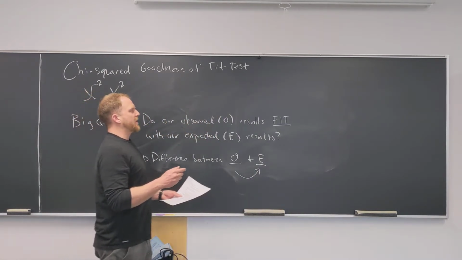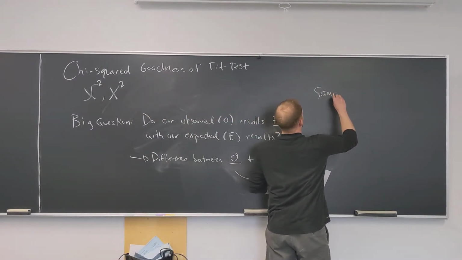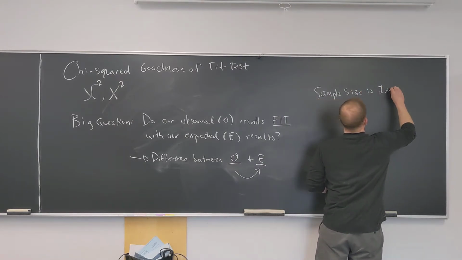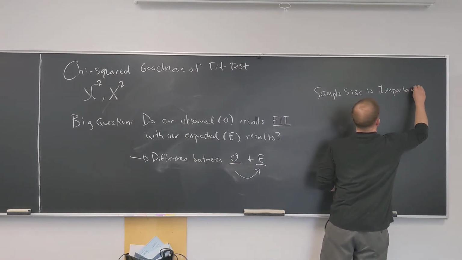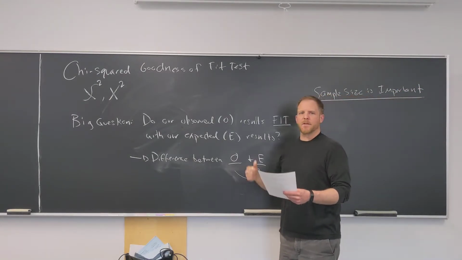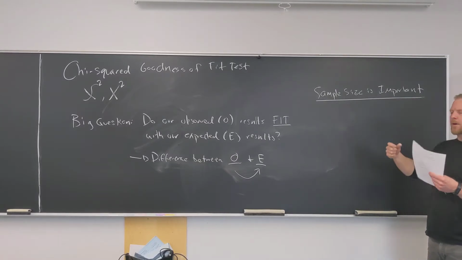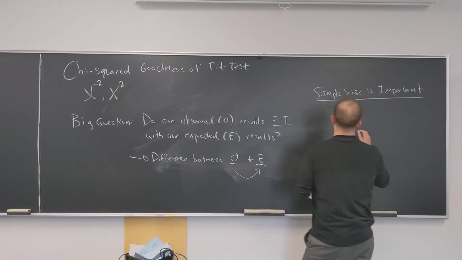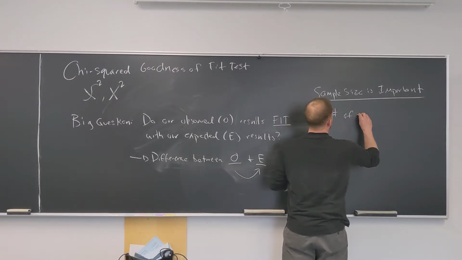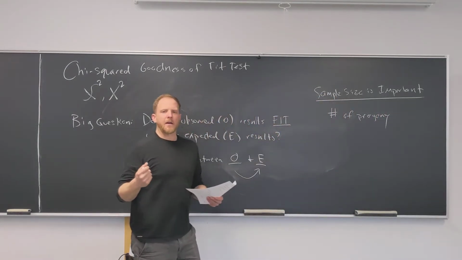Importantly, this test takes into account sample size. Sample size is very important. It's largely true for a lot of statistical analyses, but it's very important for this one in particular. When we actually do our calculations, we're going to use the actual raw number of progeny in all of our calculations.